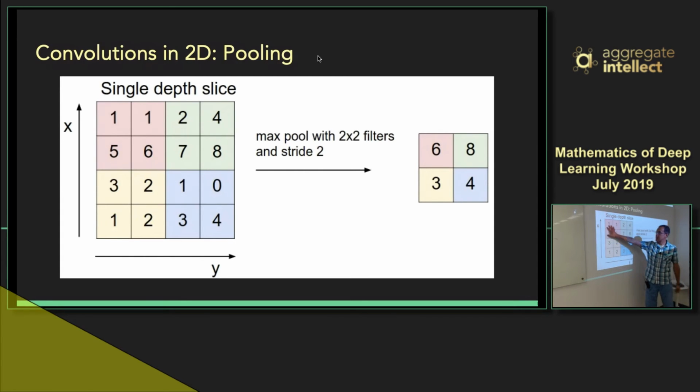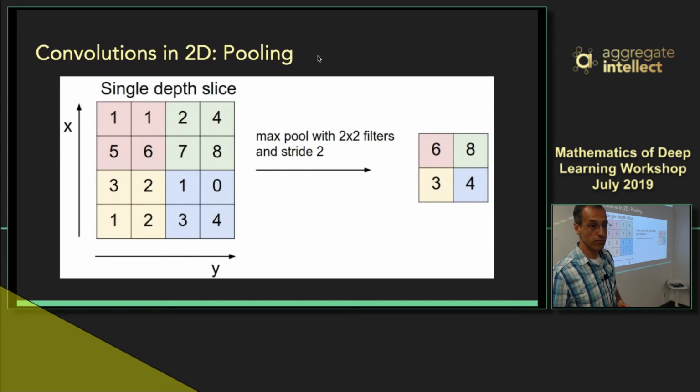Then I pick a stride of 2, so I shift it here, and I do the same thing, and the biggest number here is 8, so I keep that one, throw everything else away, and do it here and here. All right? So that is called pooling. You can do max, you can do average to make sure that you keep everything here, or you can be creative. You can come up with your own. You can use a linear function to do that. So that's pooling.